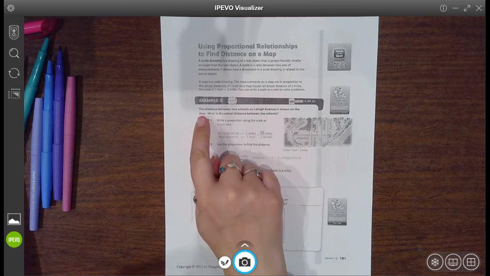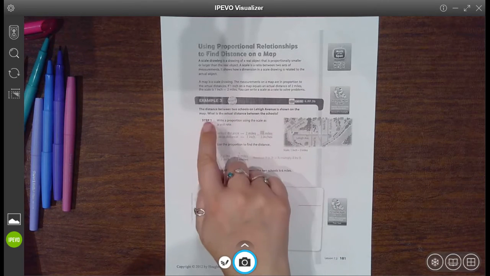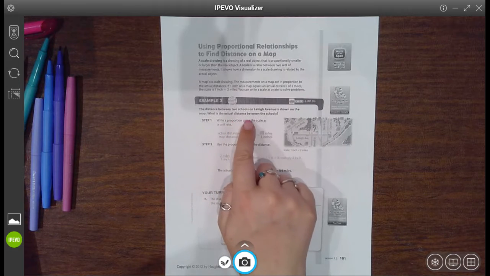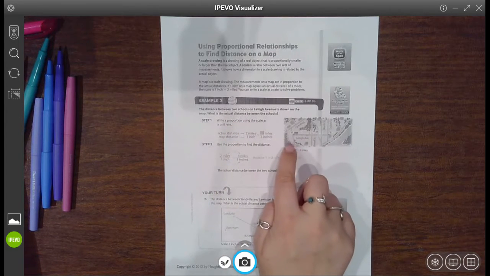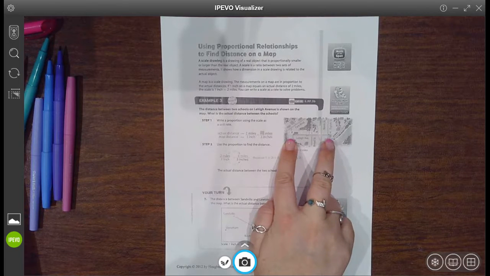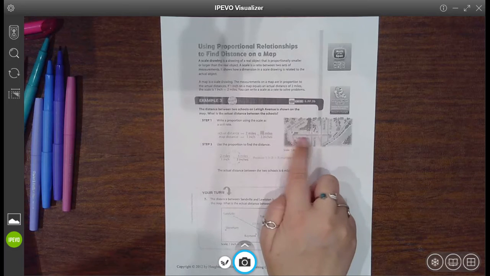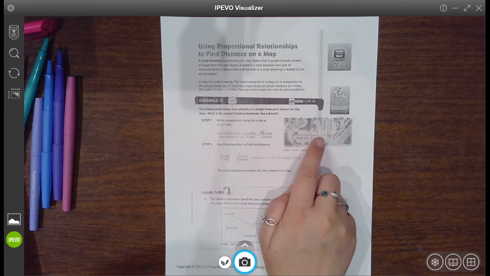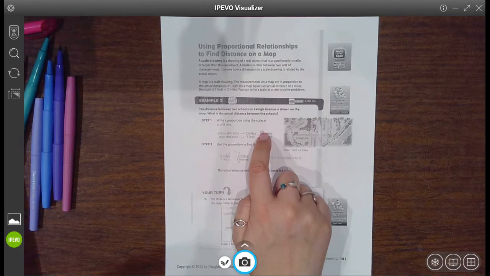Then they said the distance between two schools on Lay Avenue is shown on the map. What is the actual distance between the schools? If you look at Lay Avenue right here, you have here and here, and how far apart are those? Well, it's labeled that it's 3 inches apart. So on the map distance, it's 3 inches. Then how many miles is that?